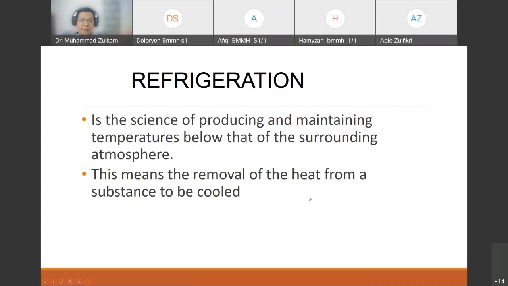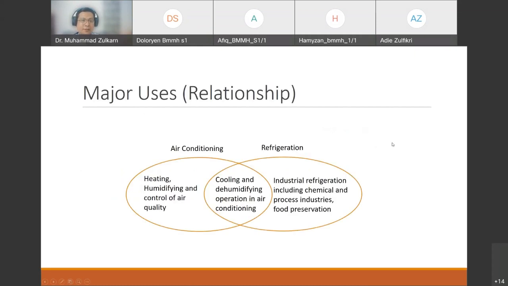So, the main refrigeration system. The area of the refrigeration system can be divided by some parameters. You can see we separate air conditioning and refrigeration, and actually these types are different.